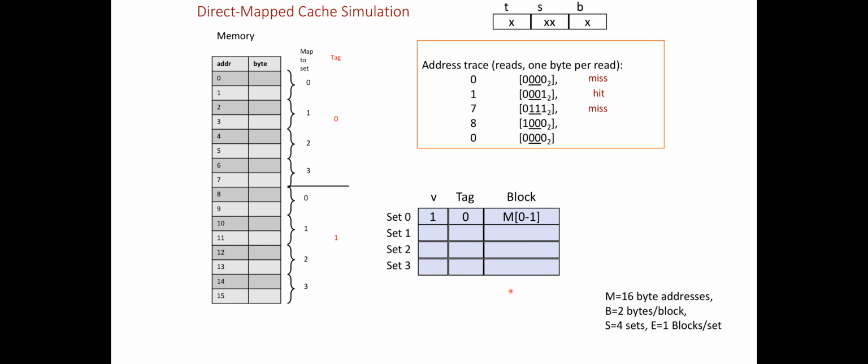And then if we next want to access byte 8, well, that also is now a miss because that maps to set 0, but tag 1 here, right? This is tag 1, so set 0, tag 1. And right now, set 0 contains tag 0, so that's going to generate a miss.